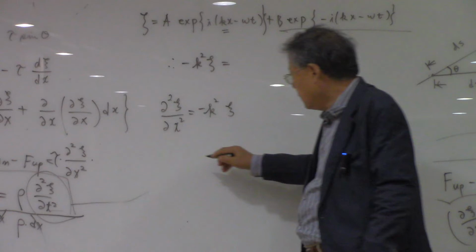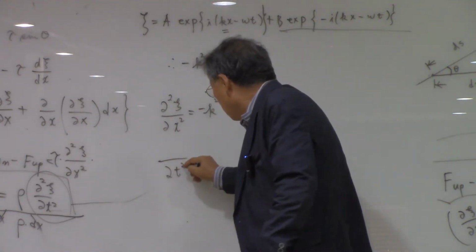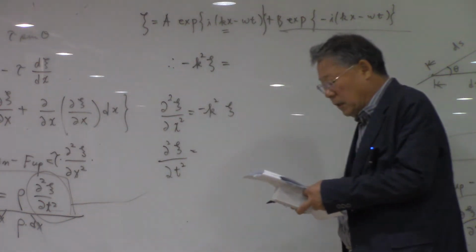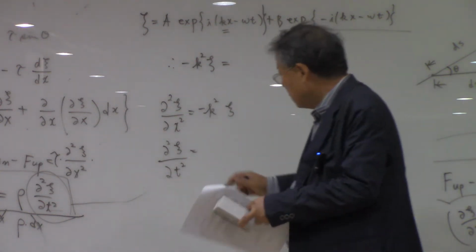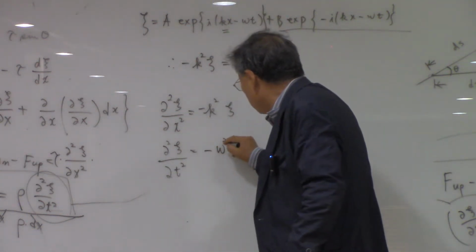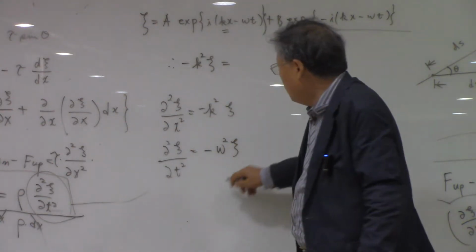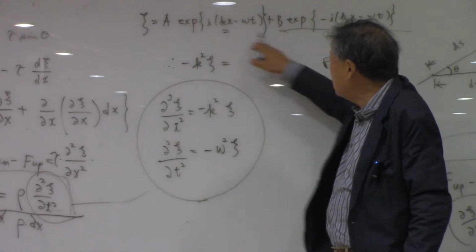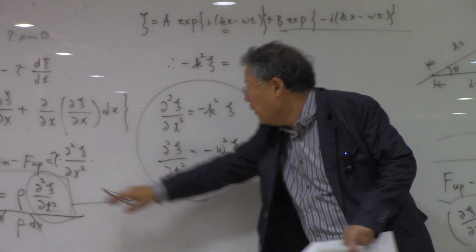That's interesting, isn't it? That is the characteristic of the exponential, by the way. And the second derivative with respect to t is going to be minus omega squared psi. So all you have to do is put these things into this equation here.